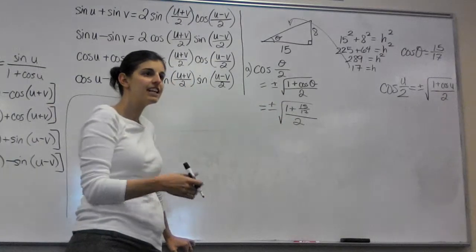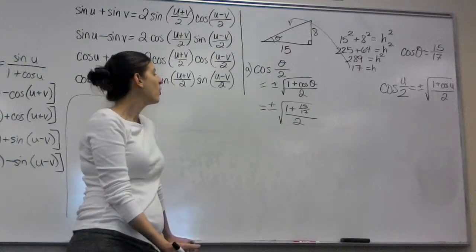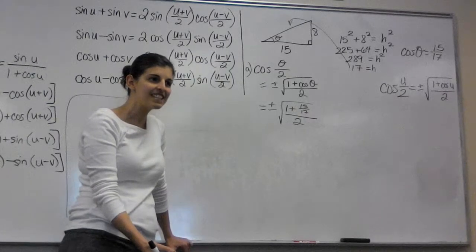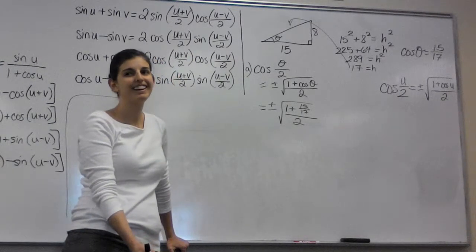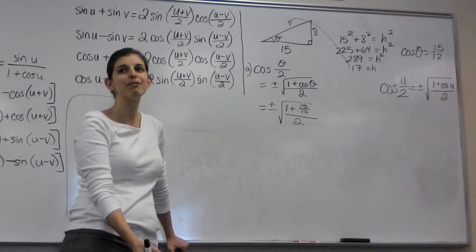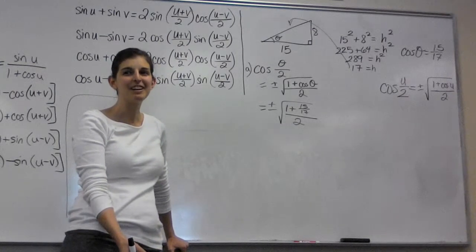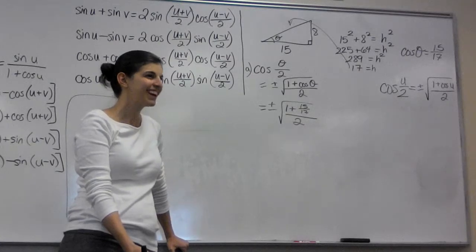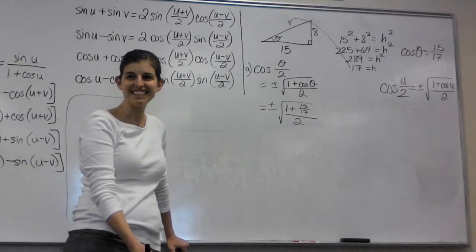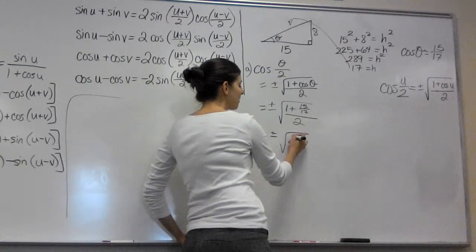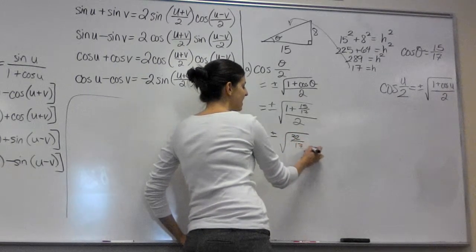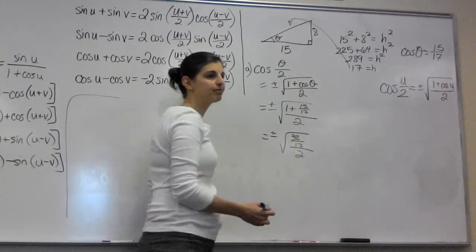What is 17/17 plus 15/17? 32/17. Okay, so plus and minus the square root of 32/17, and that's all over 2.